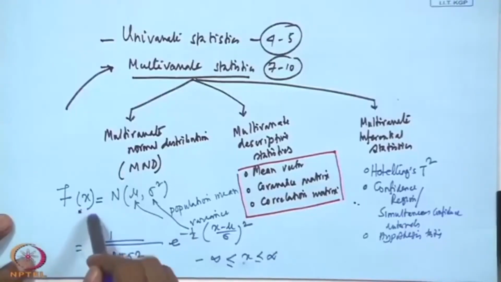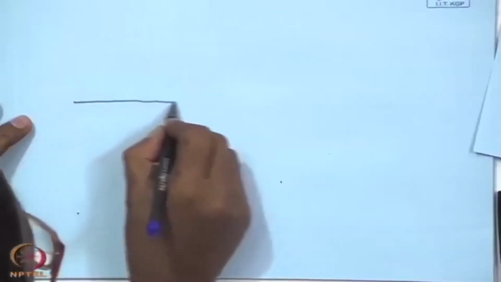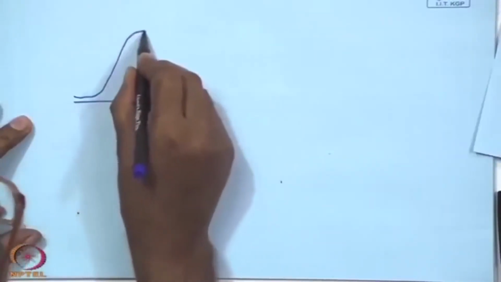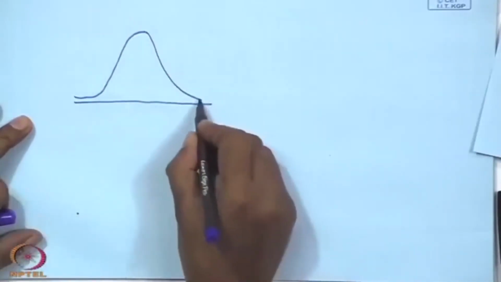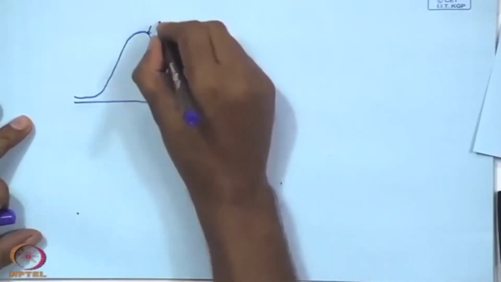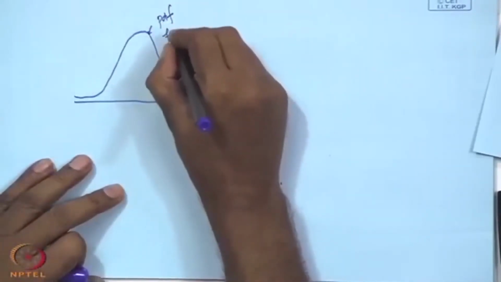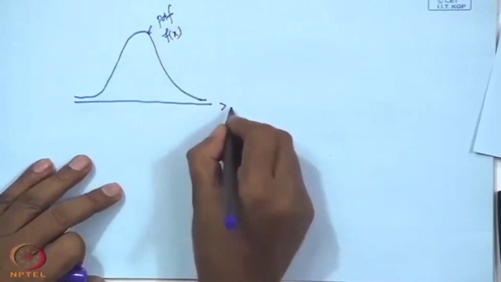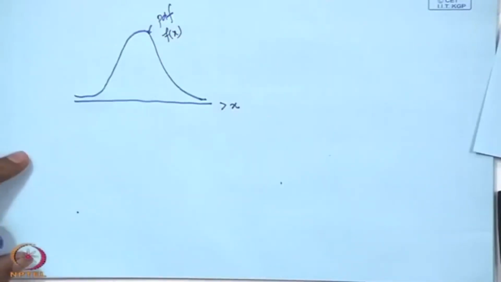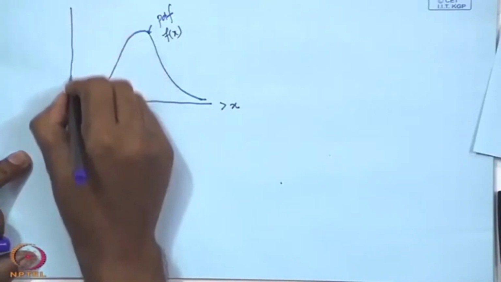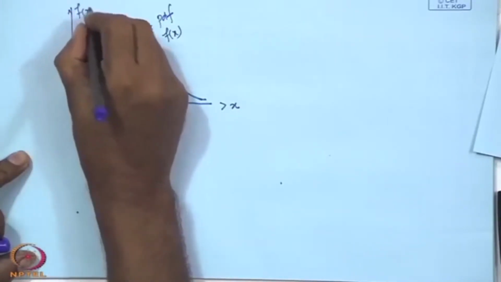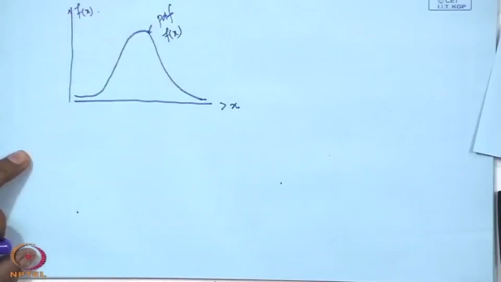Now, what will be the multivariate counterpart of this? If you draw the normal distribution, you will find it like this. This is your univariate normal distribution, which is known as the probability density function, or f(x). The x axis is the x variable and the y axis is f(x).